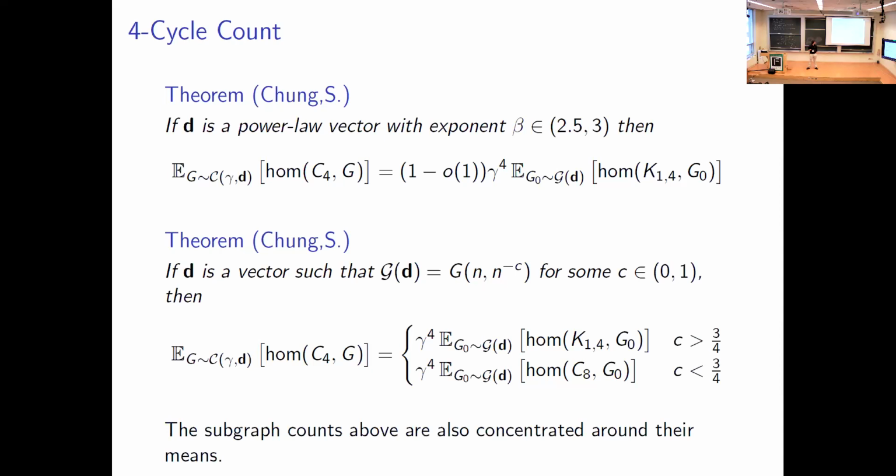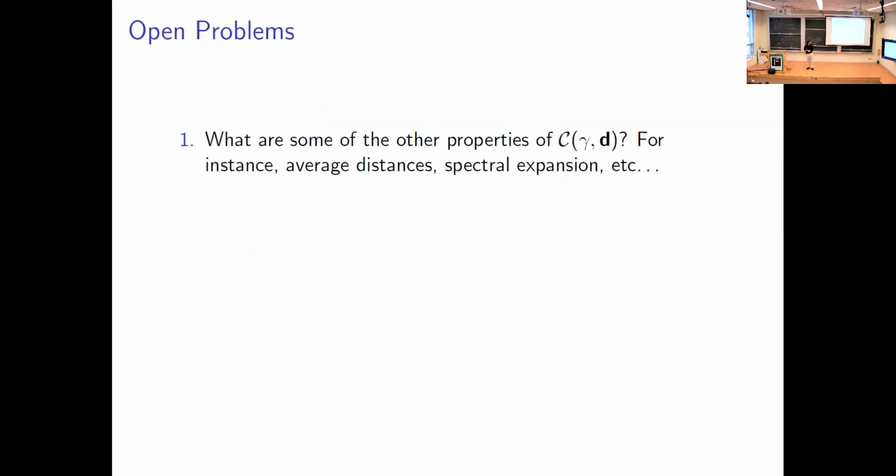So let me finish off with a few questions that I'd love to have answered. For one, we focused entirely on the clustering coefficient in this work. Most of these other properties are inherited from the Chung-Lu model. What can we say about some of the other properties? Average distance, diameter, et cetera. Something I'd be very interested in. Second, our work was done purely theoretically.